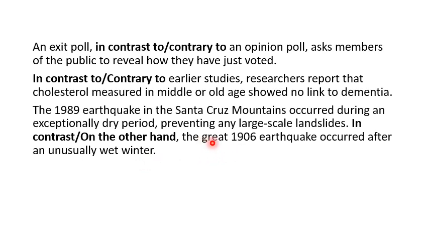So the great consequence of this earthquake in 1906 was because of the unusually wet winter. The winter was wet, the land was wet, and there was an earthquake. Thus, the consequence was significant.